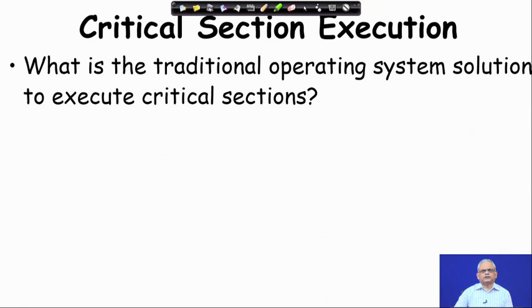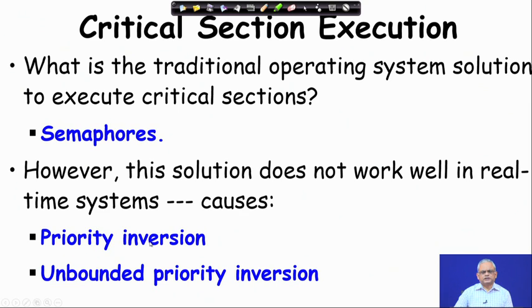Again, if you remember, it is semaphores. If you do not remember, you might have to look back at your operating system book. But in a real time application, when tasks share resources, we can't really use a semaphore.